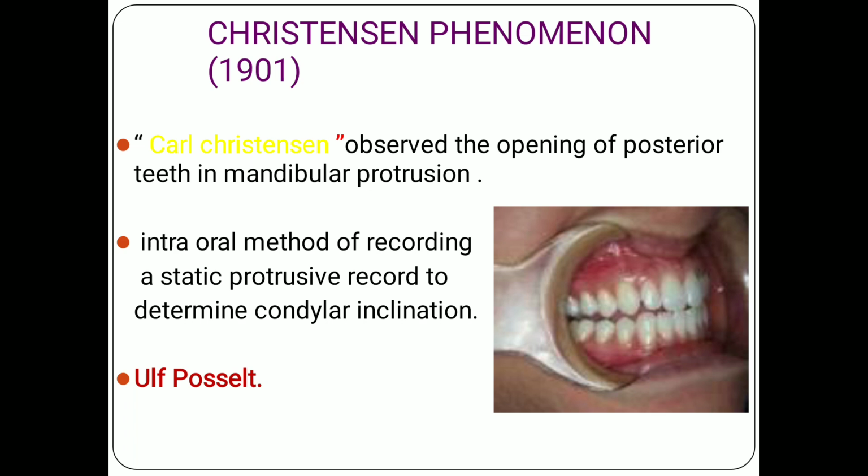When you bring your mandible forward such that the incisal surfaces of the lower teeth touch the incisal surfaces of the upper, there will be a space left in the posterior portion. This movement we call a protrusive movement, and the posterior space established during that protrusive movement we call Christensen's phenomenon. Right?